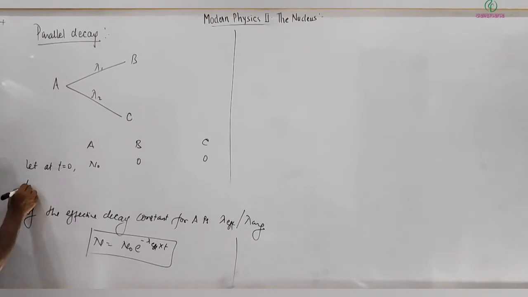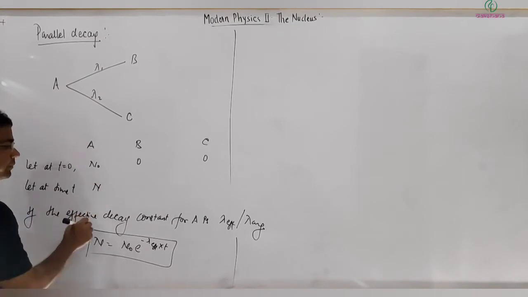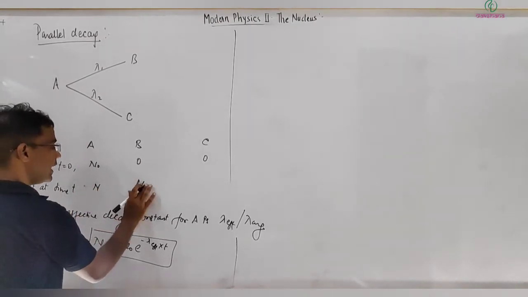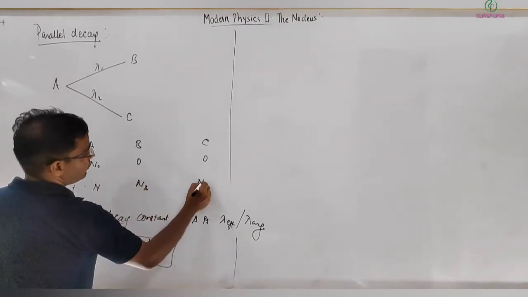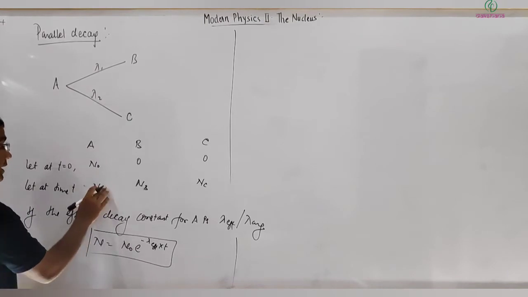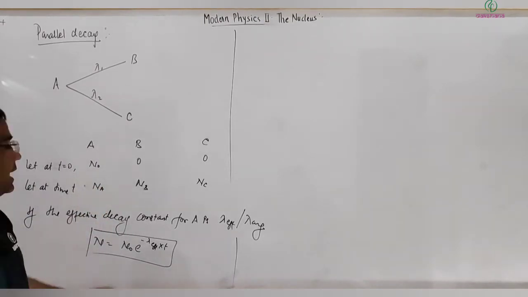Okay, let at time t, the number of radioactive nuclei of A left be Na.